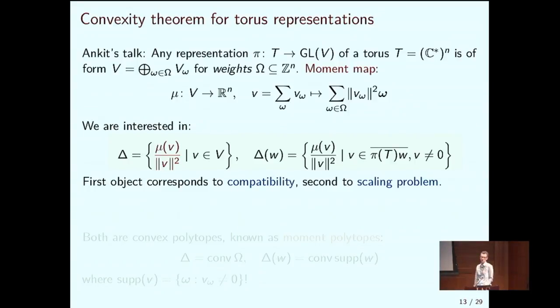But note that in general, the space changes, right? You could think of this omega as something like a monomial. Just how we can expand arbitrary polynomials into a sum of monomials, we can expand an arbitrary vector in a general torus representation into a sum of, if you wish, generalized monomials, these weight vectors v omega that we saw.